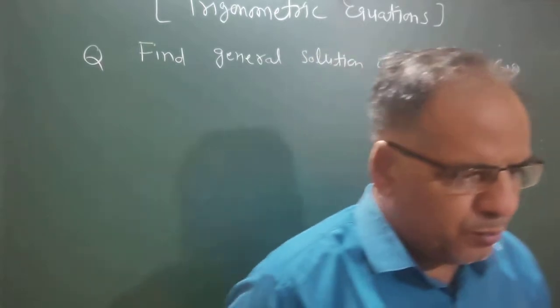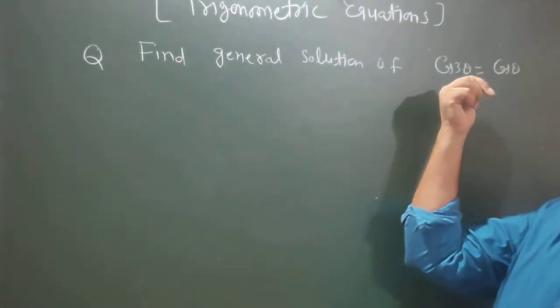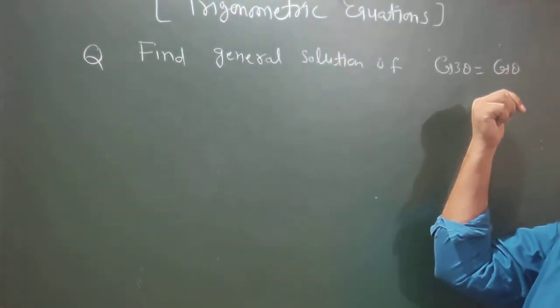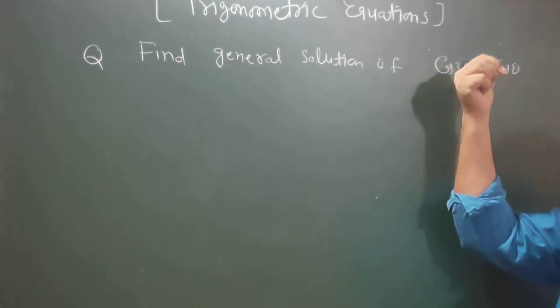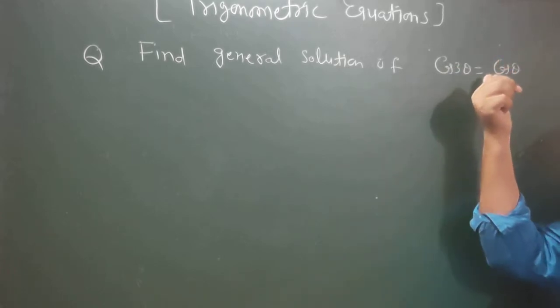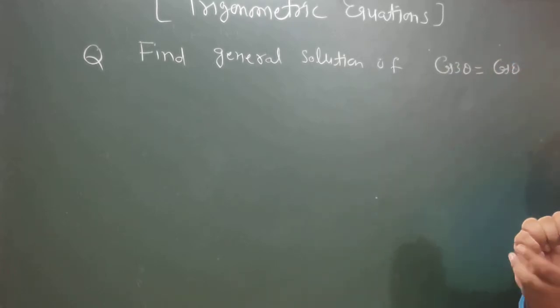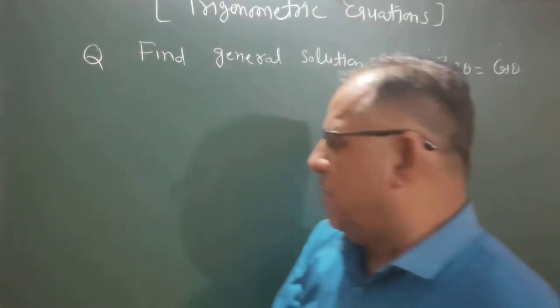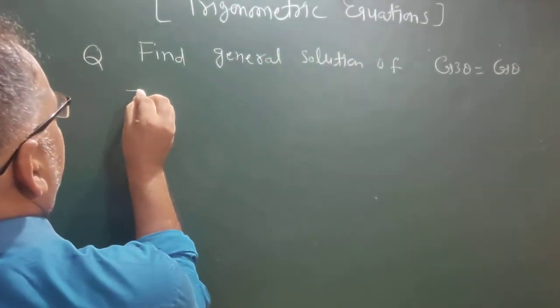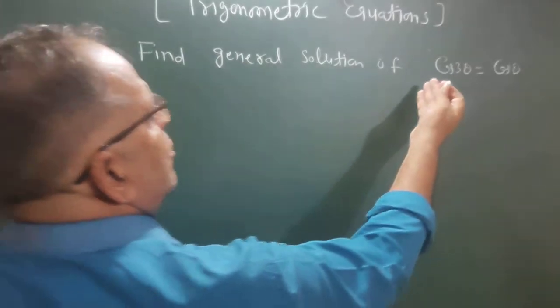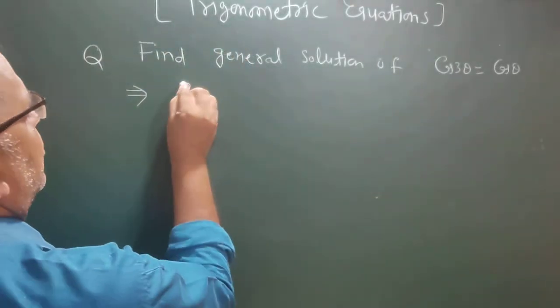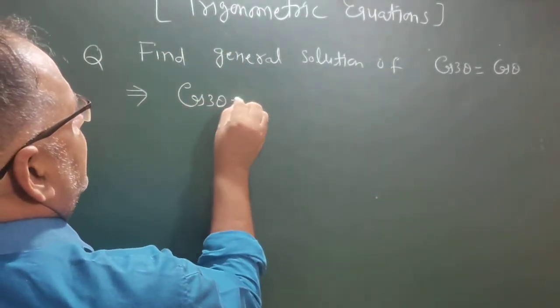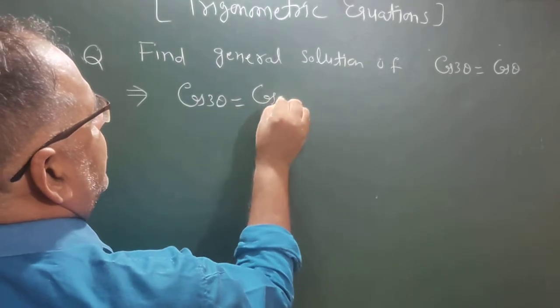In this question, both sides have a variable angle, an unknown angle. On the left hand side, the unknown angle is 3 theta and the second side has the angle theta. So we start the solution. Apply the identity cos theta equal to cos alpha. So the question is cos 3 theta equal to cos theta.